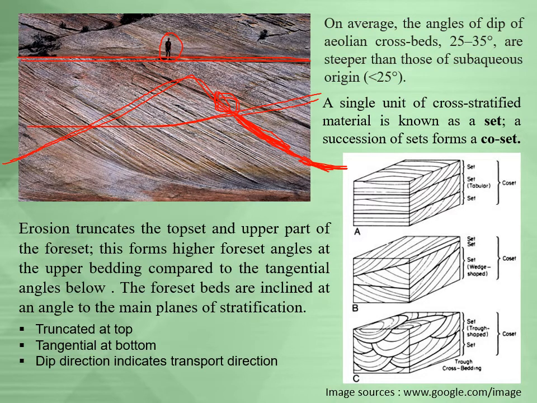The crossbed starts from here and goes downwards at a constant inclination, and towards the bottom the inclination gradually decreases, that is, becomes more gentle, and it meets the bottom bounding surface.